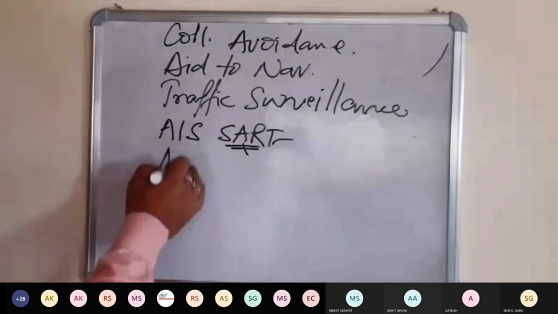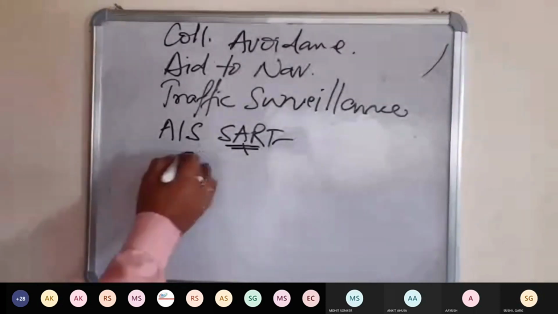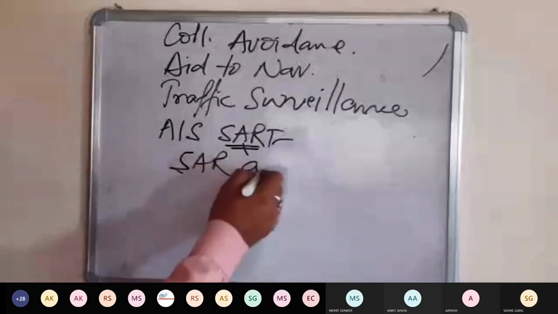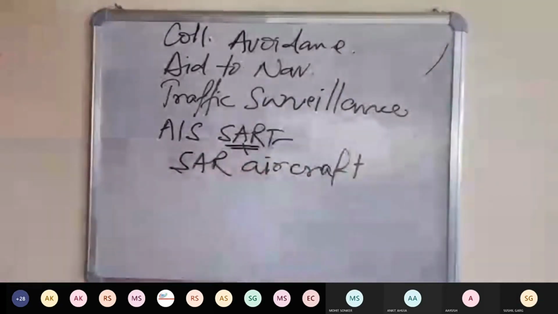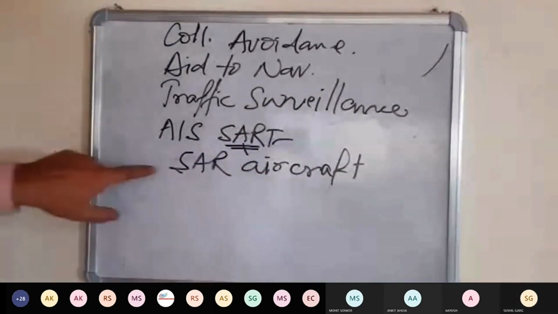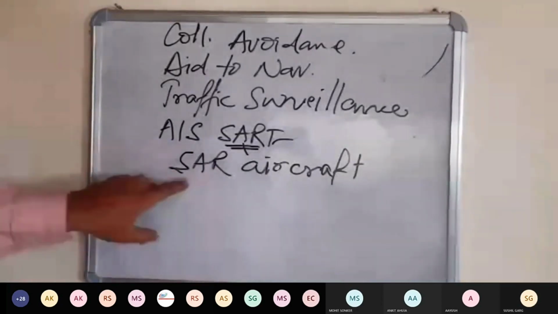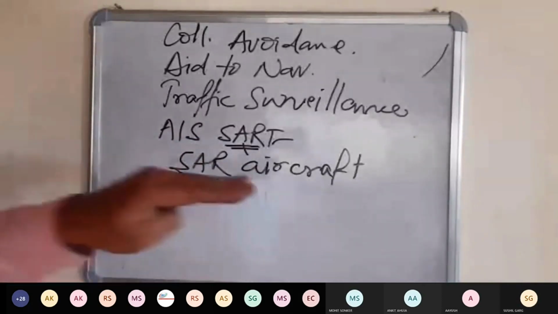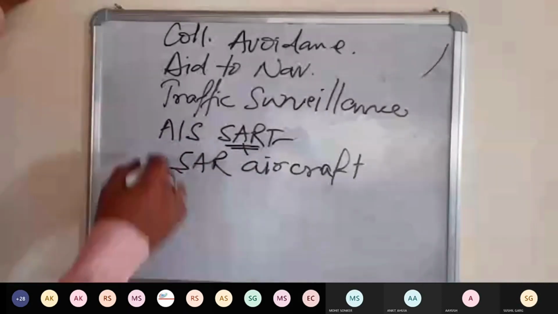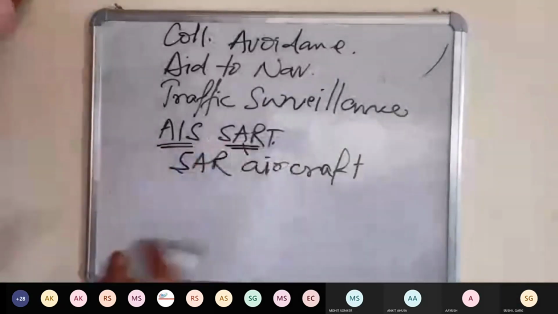AIS can be put on aircraft, or SAR aircraft rather. AIS SART receiver can be put on the search and rescue aircraft. They can pick up the signal from long distance and they can head directly towards that. एक AIS SART में और बात है कि it is giving the position directly. एक मॉड्यूल होता है GPS का उसमें.